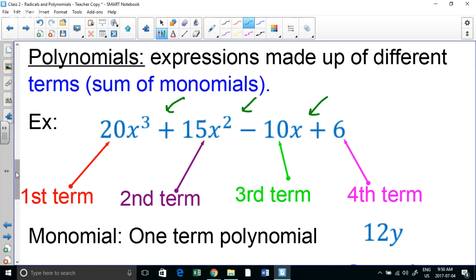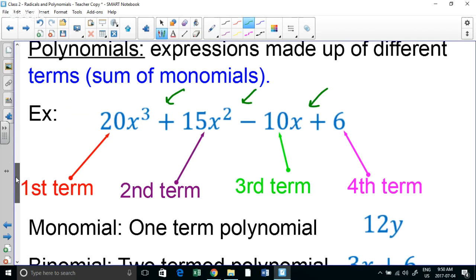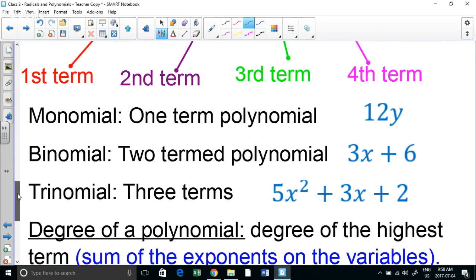So we have different names. A monomial is actually a specific subset of a polynomial, so it's a one-term polynomial. A binomial is a two-termed polynomial, so only two, like a bicycle, 2 wheels. A trinomial has 3 terms. Tricycle, 3 wheels, 3 terms.